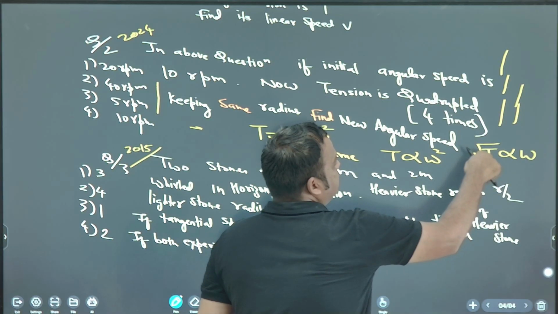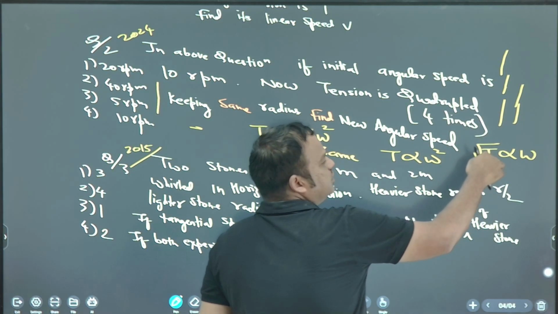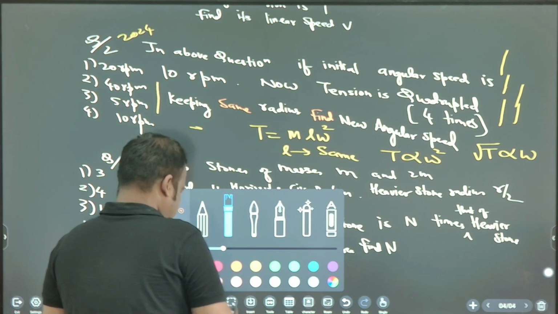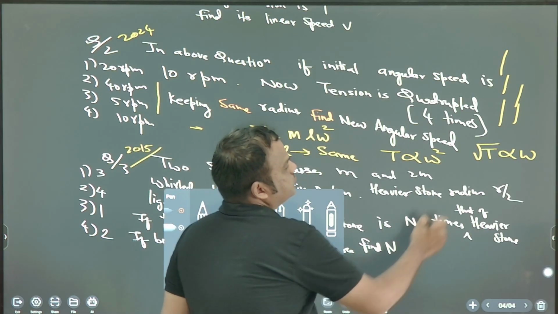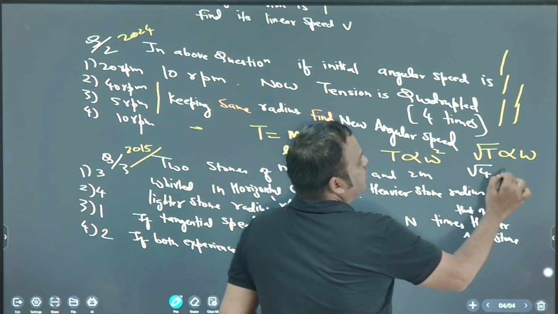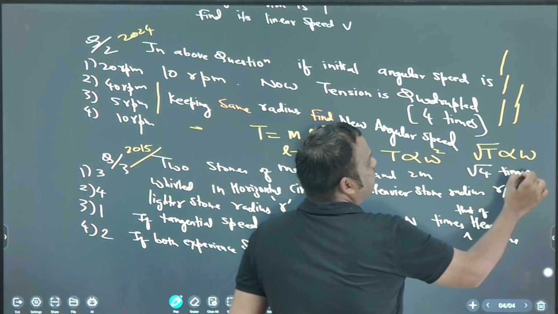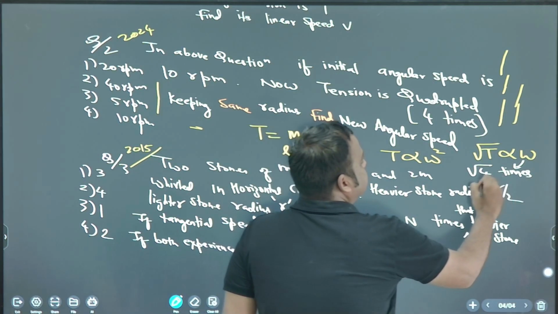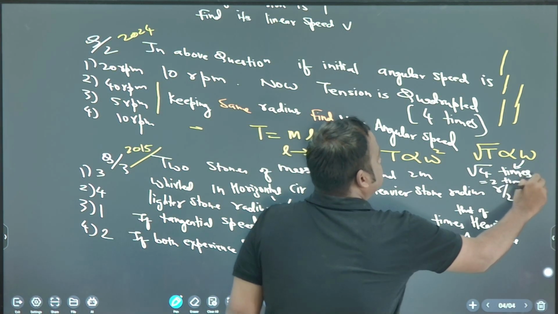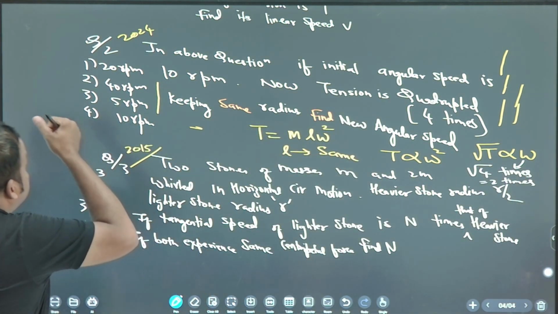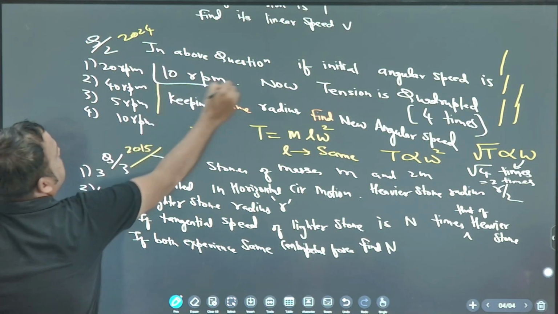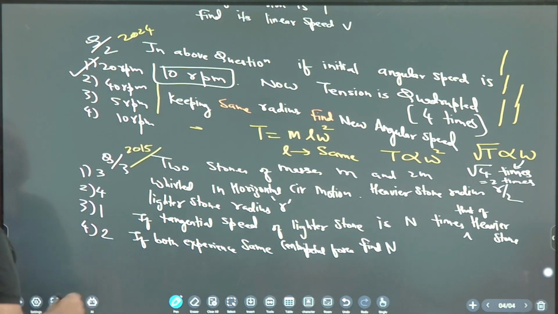So what is the effect on omega? Tell me. Square root of 4 times. Omega will be square root of 4 times, means 2 times. Omega will become 2 times. So initial is 10 rpm, so new will be 20 rpm.